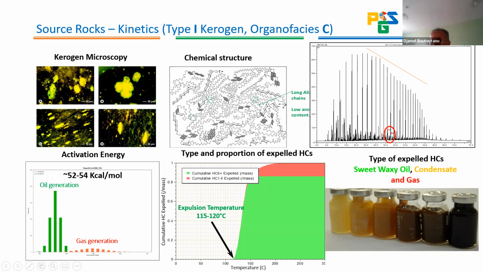But the reason why they are waxy is because of the amount of wax, of paraffins, in them. So paraffinicity or waxiness doesn't actually affect API gravity. It's the pour point, which is quite high. Pour point is the temperature at which the first drop of liquid appears. So for these type 1 oils, they have a higher pour point than marine oils. Okay.